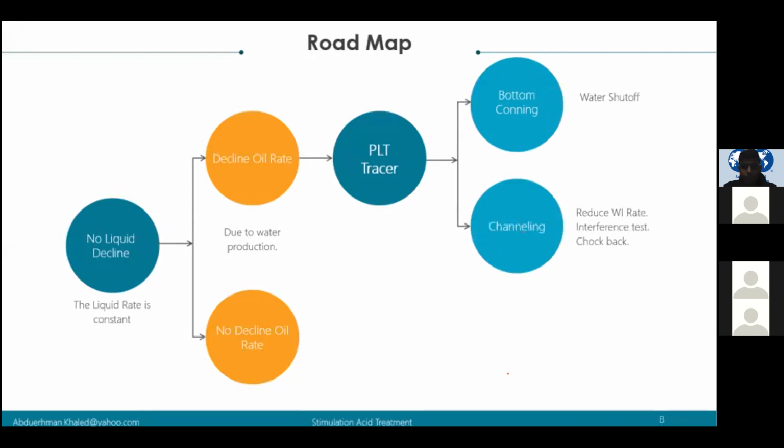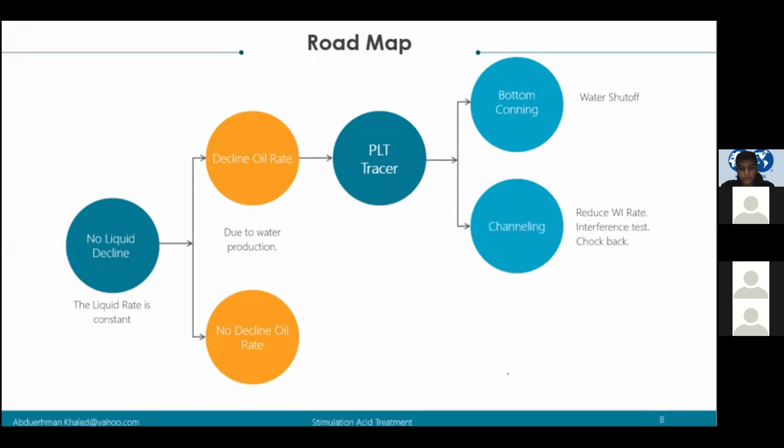And there is also a diagnostic plot called the Chan plot, which can help you identify the watered-out zones, whether the water is coming from the bottom due to water coning, or from the edge, like channeling. Obviously, water coning usually occurs due to excessive liquid production.